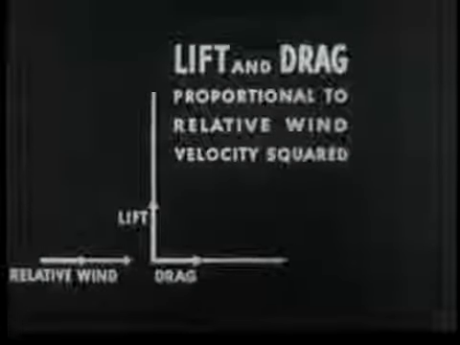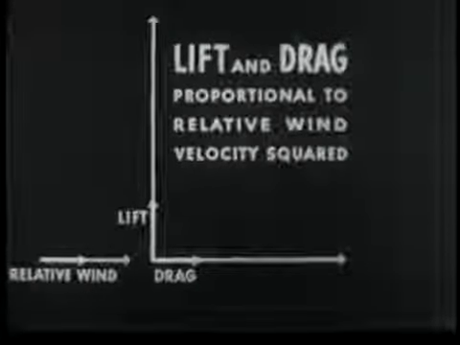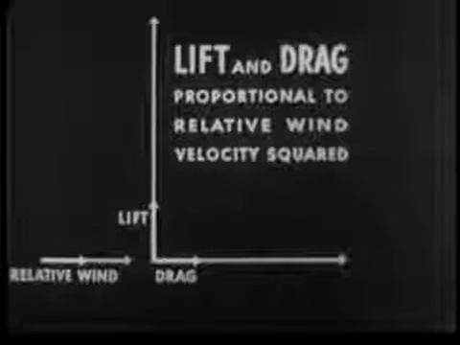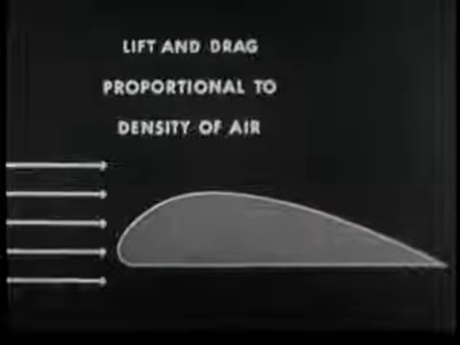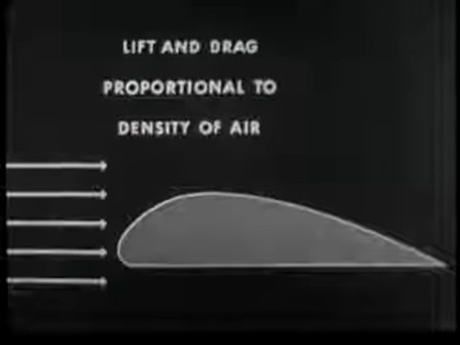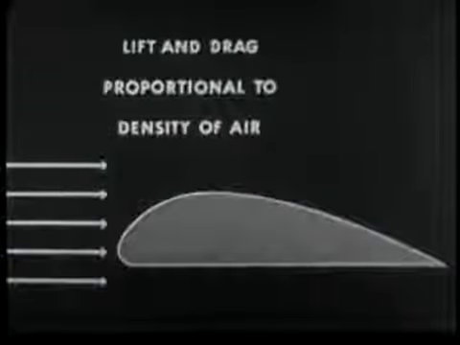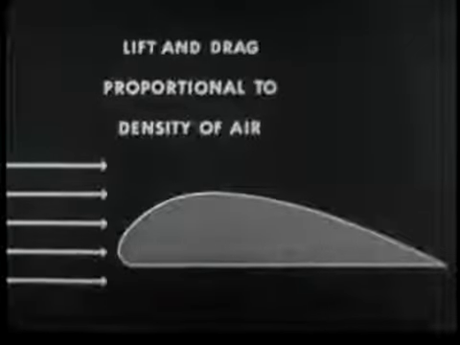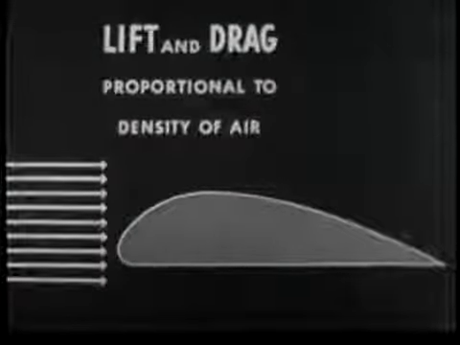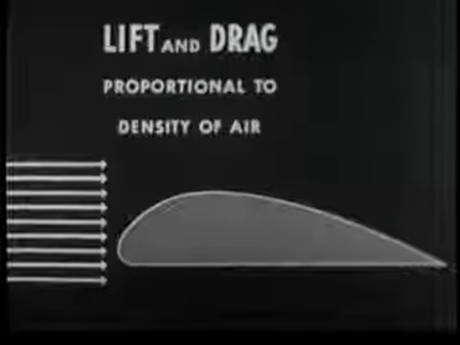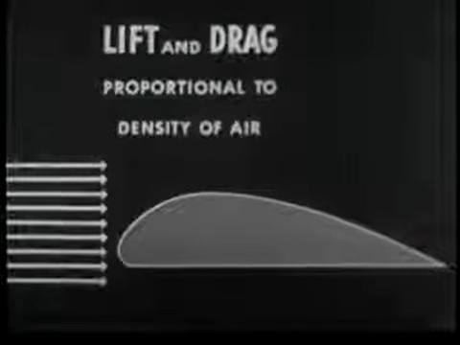If wind velocity is doubled, lift and drag are multiplied by 4. Lift and drag are directly proportional to the density of the air passing over the airfoil. If air density is doubled, lift and drag are also doubled in value.